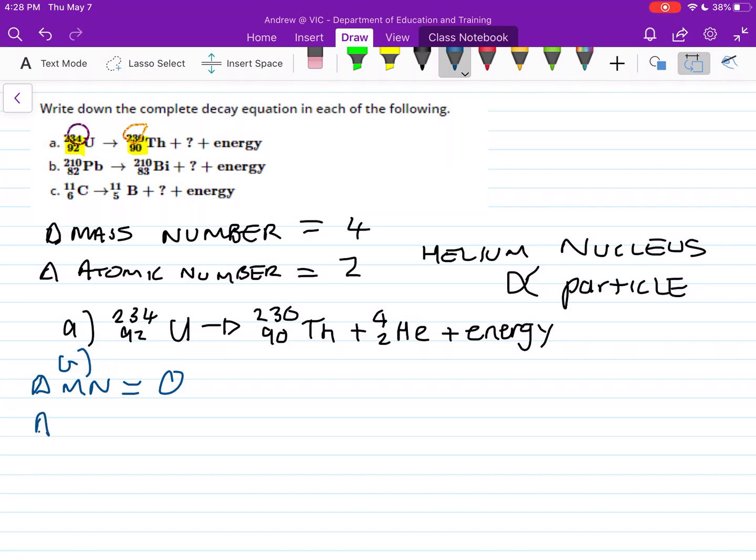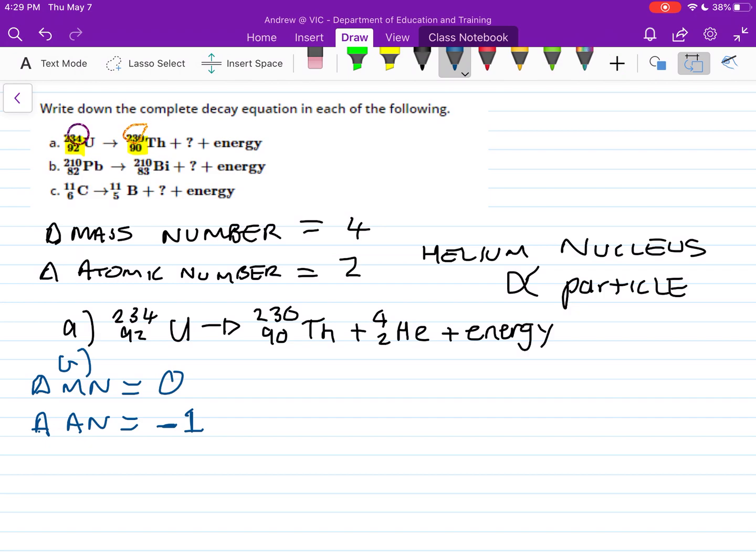Change in atomic number: this goes from 82 to 83, so there's a change of -1.